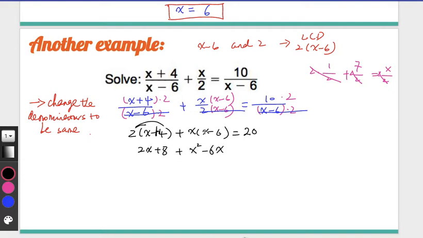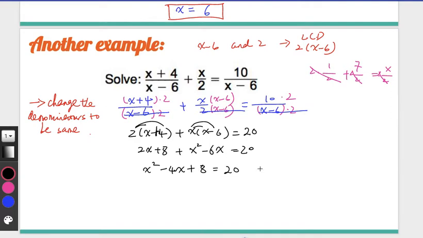Remember, I did the distributive property, equal to 20. Now let's combine them to make it simpler. I put x squared at the top, that's how we put the higher degree terms in front. 2x minus 6x is going to be minus 4x, plus 8, equal to 20.